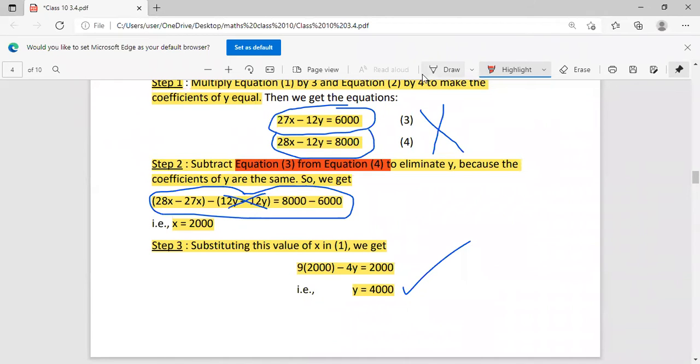Suppose the sign was like this, 27x plus 12y. Then you just had to add equation 3 plus equation 4. Clear? Our only aim is to remove that variable. Okay.